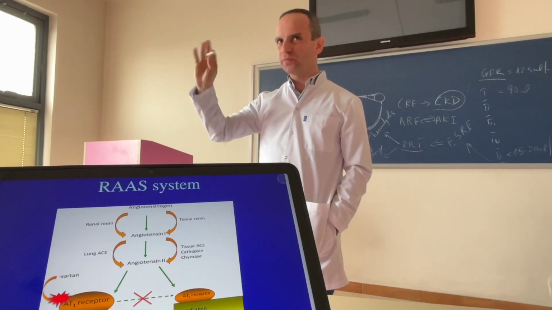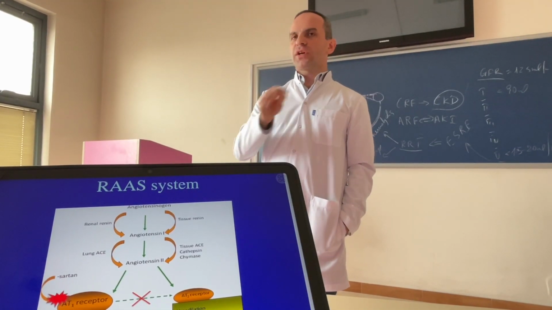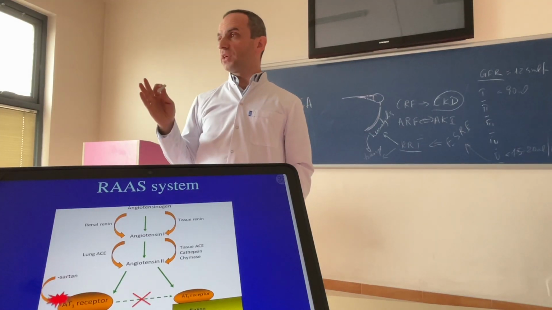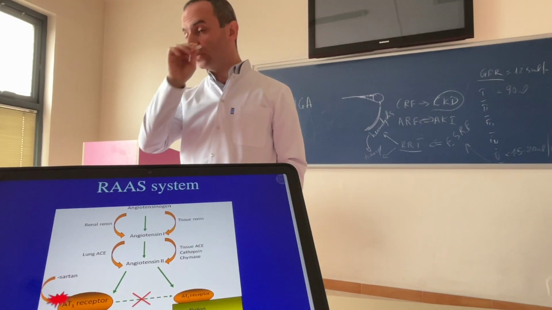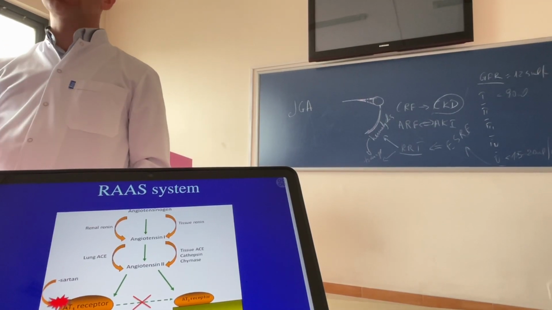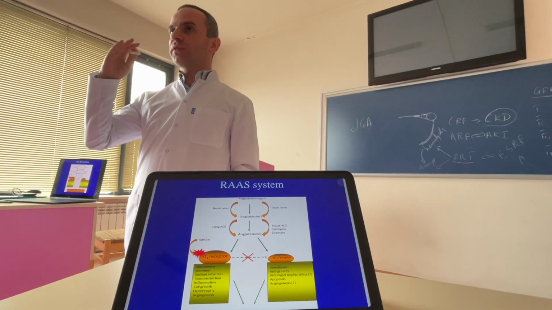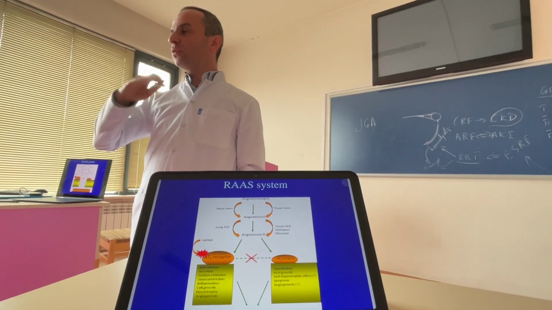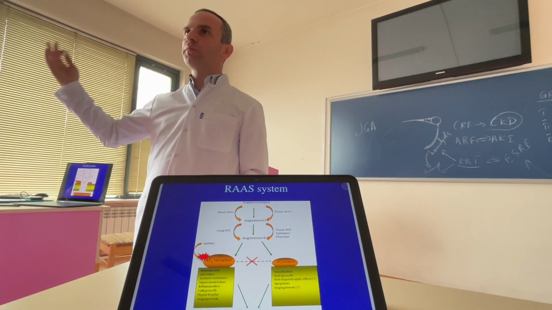And the RAS has a great role in the maintenance of blood pressure. Not only RAS, by the way, but also electrolyte and water regulation; this is called the barostatic role, because it is pressure static, keeping blood pressure stable.